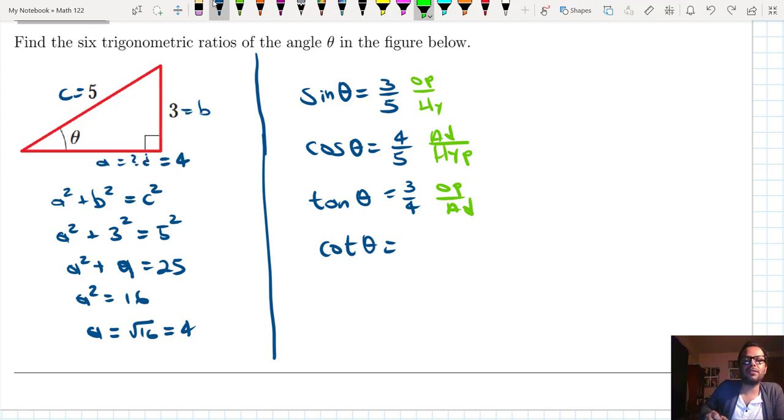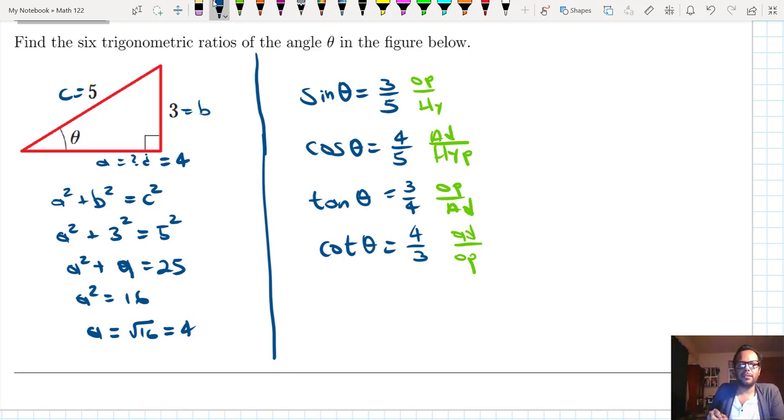That is the same as the reciprocal of tangent, right? That is 4/3. And let's write the definition: adjacent divided by opposite. Two more to go.